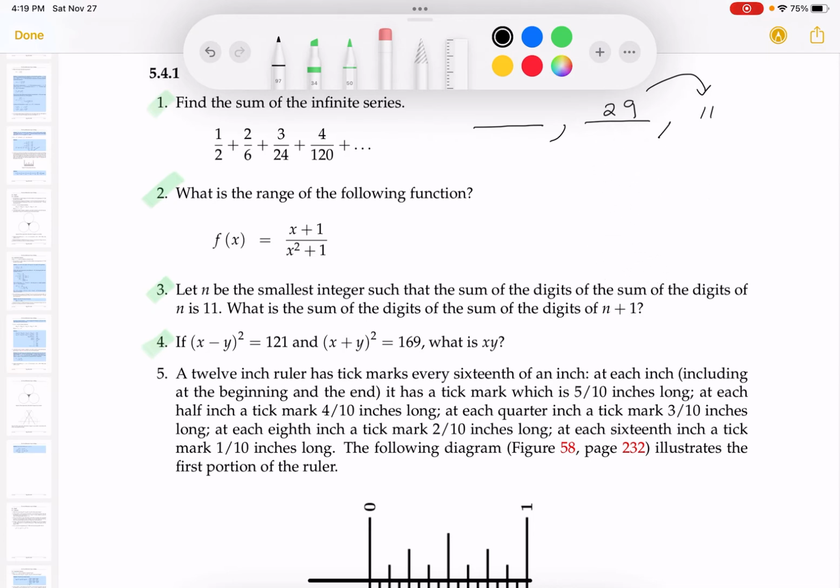I need to think backwards, right? So could I have a 3-digit number here? No, because whatever I do, 9, 9, 9, right? There's no way I get 29 with 3-digit numbers. It's got to be a 4-digit number. So n is a 4-digit number.